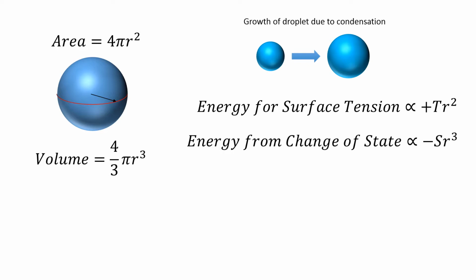Okay? And a bigger surface area means that we've got to put energy into the water drop to form that surface area. So we've now got two, they're not quite equations yet. So the energy of the surface tension of the drop is proportional to, that squiggly ribbon type symbol just means proportional to.